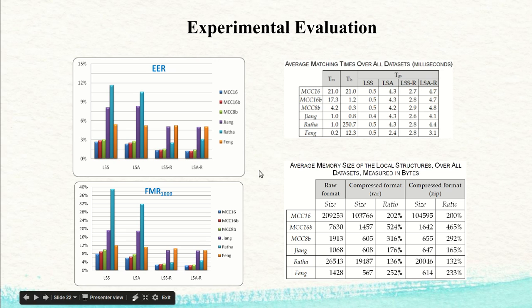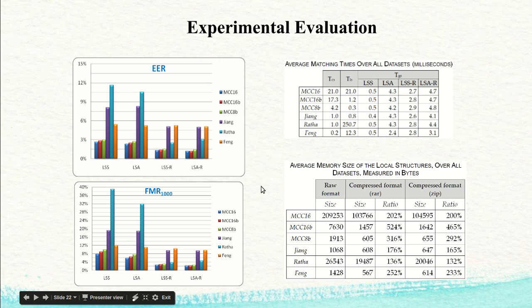Now coming to the FMR, which is false match rate at 1000. This is the same thing: MCC top 3 and the other algorithms published by Jiang, Ratha and Feng separately. In that case, we see the FMR rate is declining as we change the technique LSS, LSA, LSSR, LSAR, and the three MCC are better than the rest, the Jiang, Ratha and Feng algorithms.